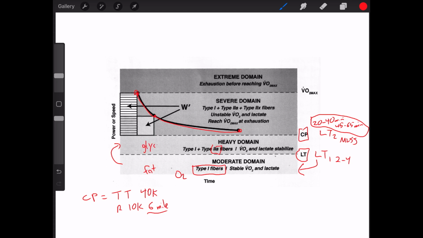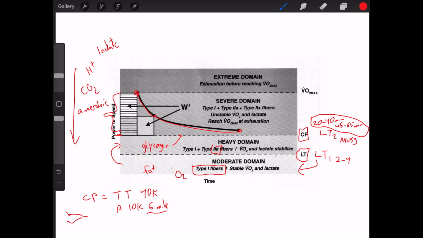Glycogen starts to get burned, and if you are not careful, you'll start to slowly creep into the next phase. And if you bump over that critical power, here comes all the anaerobic metabolism pathways right here. CO2 goes up, H plus goes up, lactate goes up, and you go down.